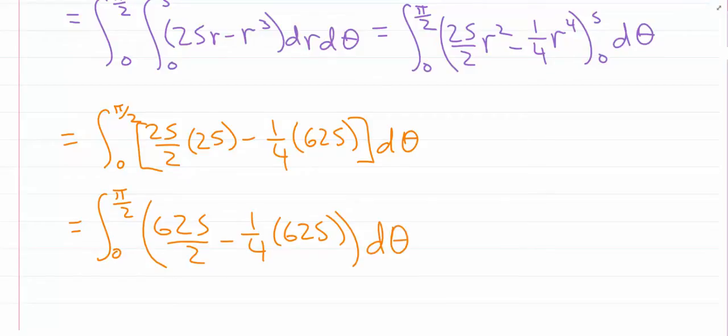Now, I guess we have a common denominator there. Why don't I just factor out the 1/4? Would that do it? Let me factor out the 1/4, and that might be a way that we can proceed with this integration a little more easily. 2 times 625, is that 1250? Right? So this is going to be 1250, isn't it? If I factor out the 1/4, then I would be multiplying this by 4, right?